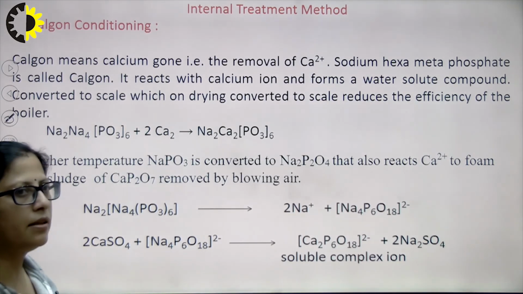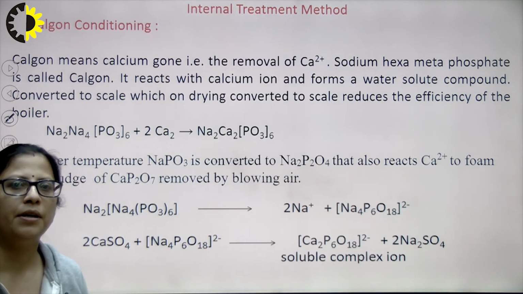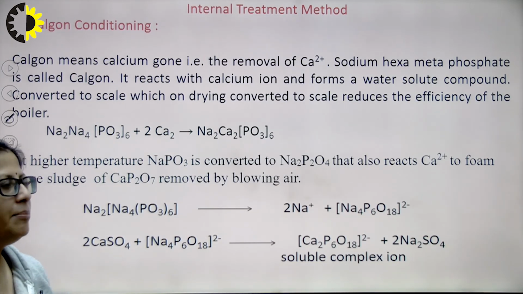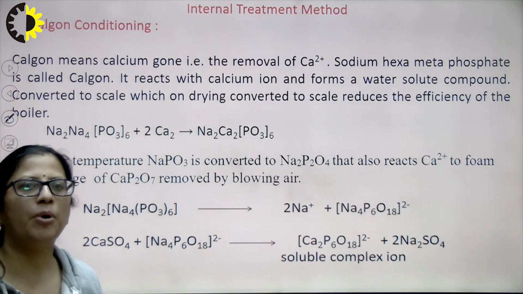Now, the next method, or the last method, is the internal treatment method, which is the Calgon conditioning. Calgon is sodium hexametaphosphate, and the name refers to the removal of calcium ions.